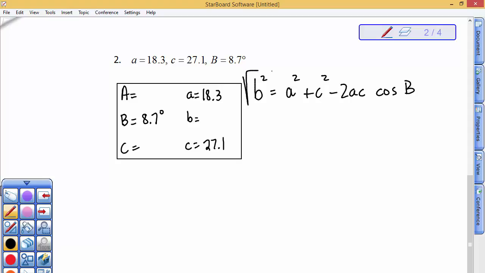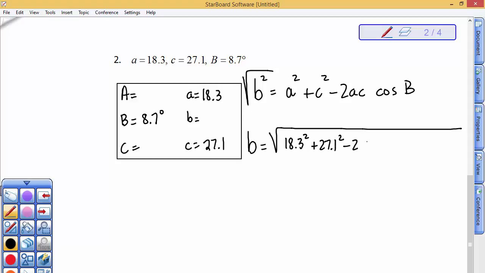And in order to find side B, we're going to take the square root of all of that. So A is 18.3, C is 27.1, minus 2 times both of those, times the cosine of angle B.